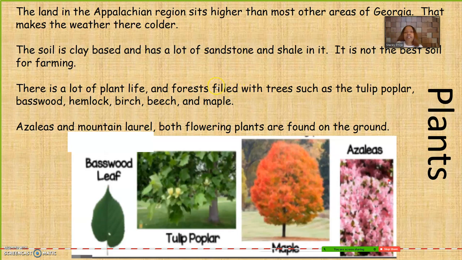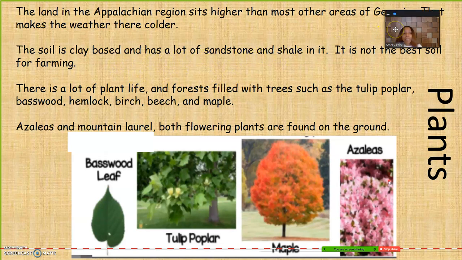So the land in the Appalachian Mountains also has plants, okay, because it is higher than most other areas of Georgia. That makes the weather much colder. So animals and plants that live in this area have to be able to survive cold temperatures and cold weather. The soil is clay-based and has a lot of sandstone and shale in it.